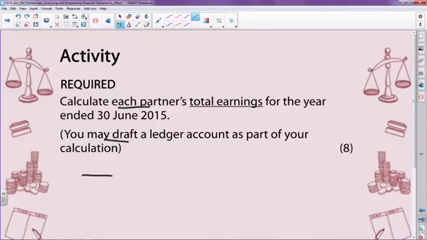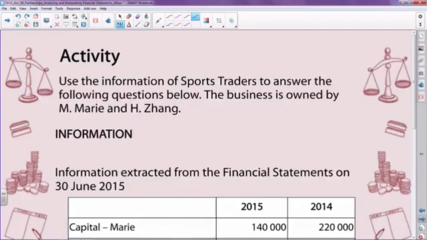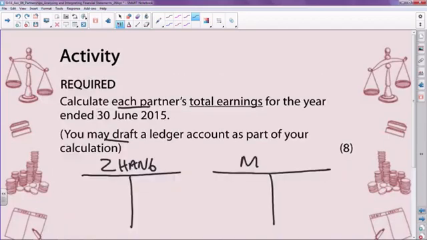Now remember, we've got two partners. We've got partner Zhang, and we've got another partner called partner Murray. Which ledger accounts are you going to draft?